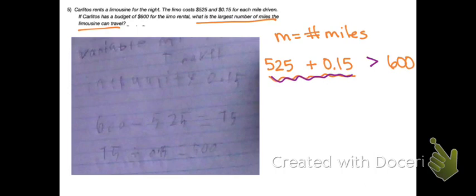Or do you want it to be greater than 600 or greater than or equal to 600? So two steps: decide where the variable goes and then what the symbol is here. And then solve it. Again, going down, getting that variable by itself. After each step, asking yourself, do I flip the sign?